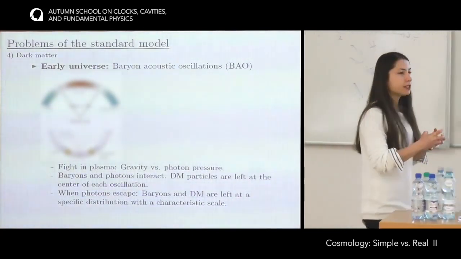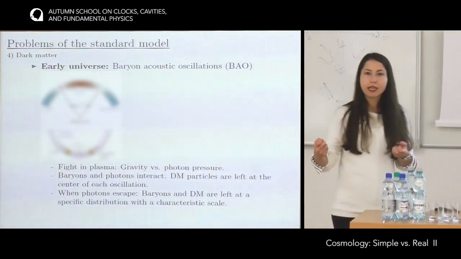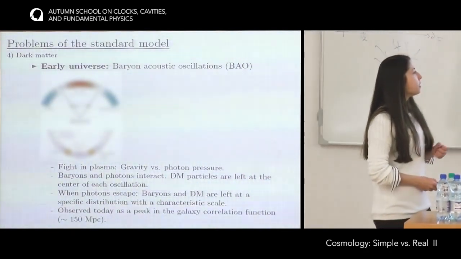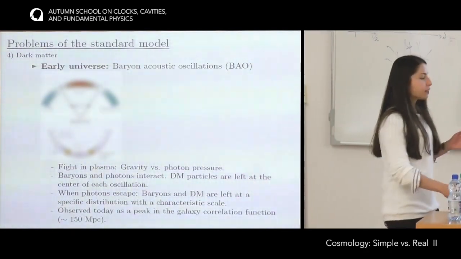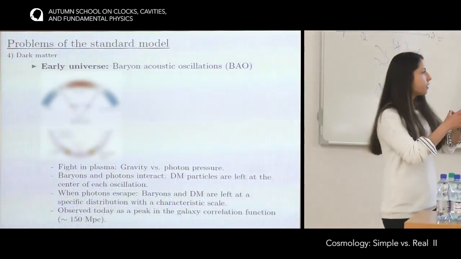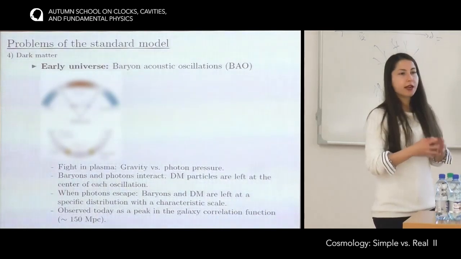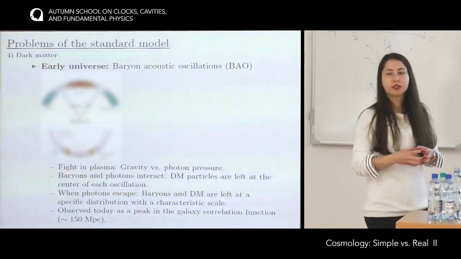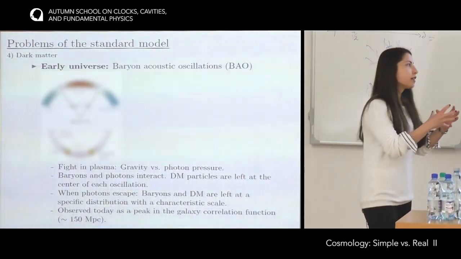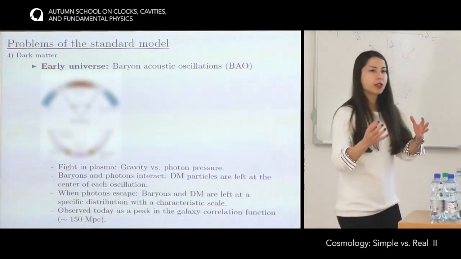So by looking at this data of the relic radiation, you can see that this spherical distribution that I talked about can be viewed in the galaxy correlation functions, because it is these initial quantum fluctuations that give seeds to the structure today.